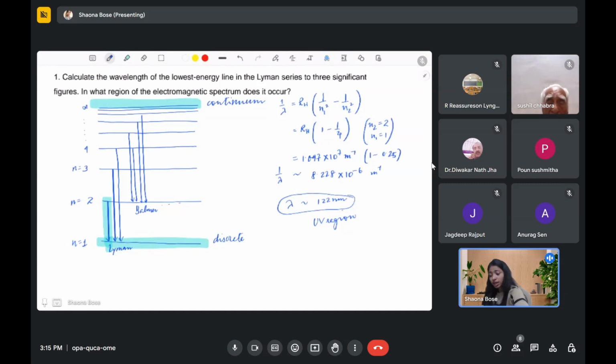This particular line is called the Lyman alpha line, and this is the strongest emission in the sun.